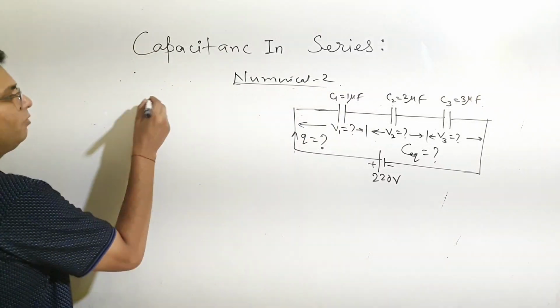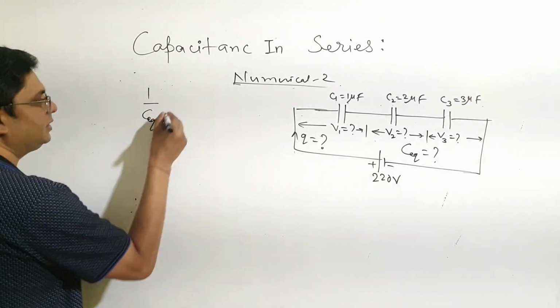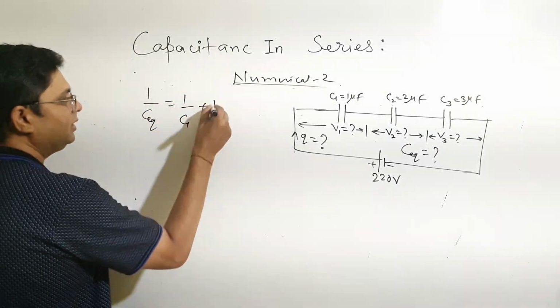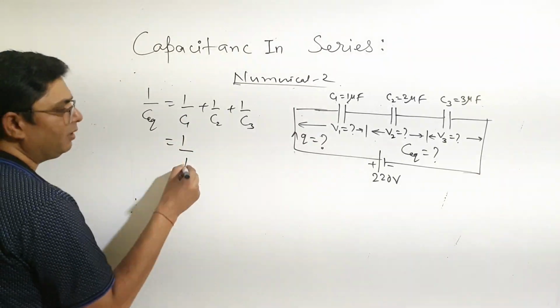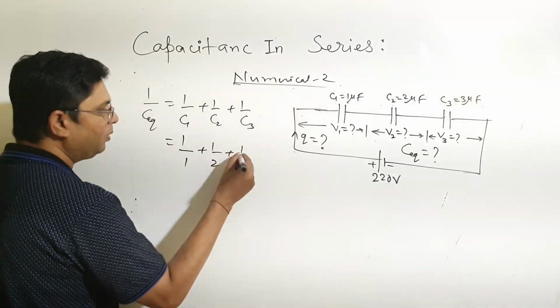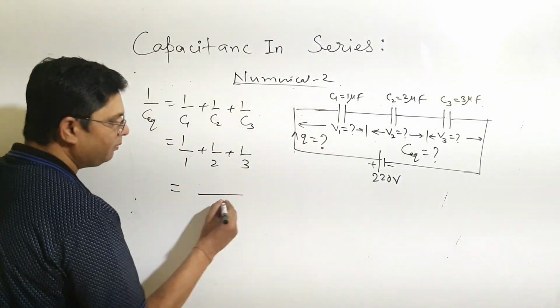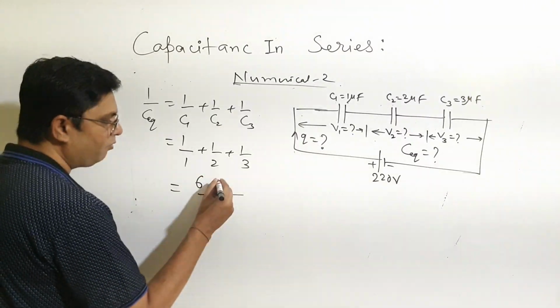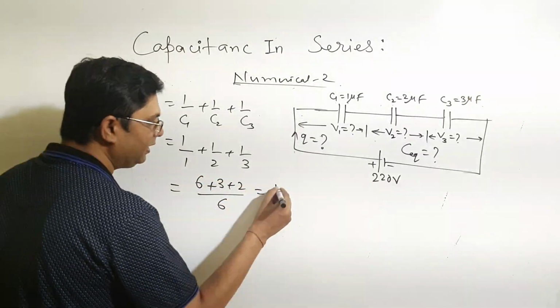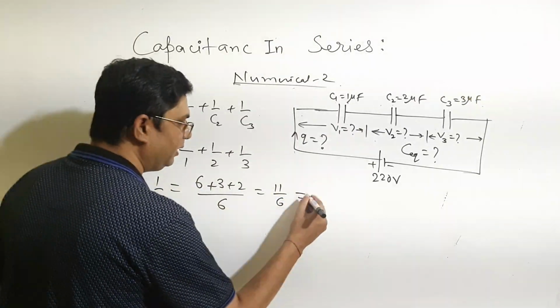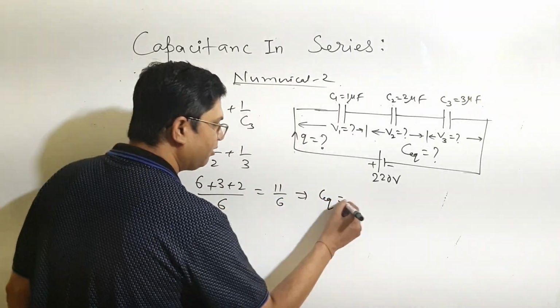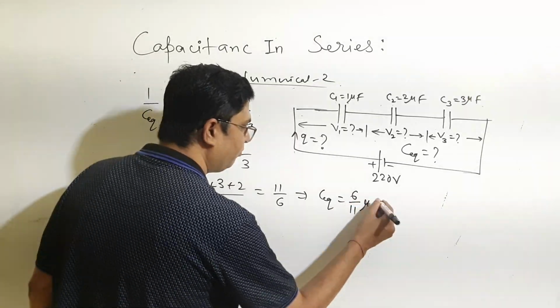For this, we have the first equation: 1 by C equivalent equals 1 by C1 plus 1 by C2 plus 1 by C3. So 1 by 1 plus 1 by 2 plus 1 by 3. The LCM is 6, so we have 6 plus 3 plus 2, it is 11 upon 6. 1 by C equivalent is 11 upon 6. So C equivalent equals 6 by 11 microfarad.